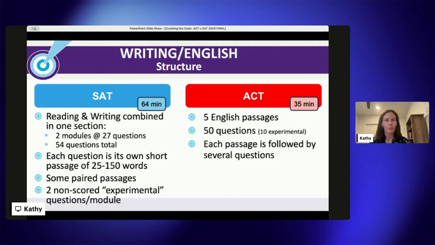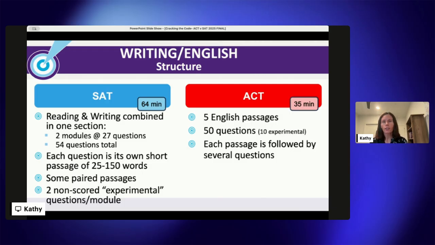These are all multiple choice. Just want to clarify. This is also a passage-based test. You get 35 minutes. There are a total of 5 passages, 50 questions, so 10 questions per passage. 10 of these questions are going to be experimental, so they're not going to count towards that English score.